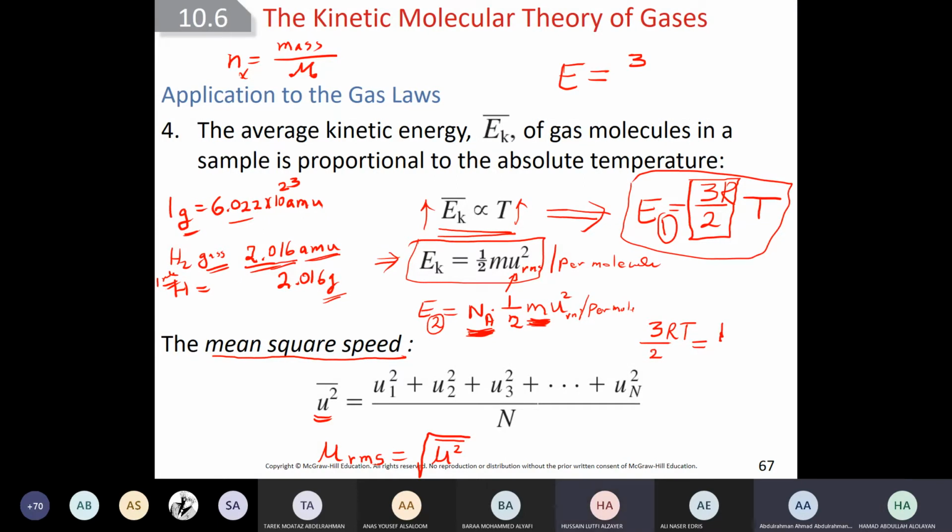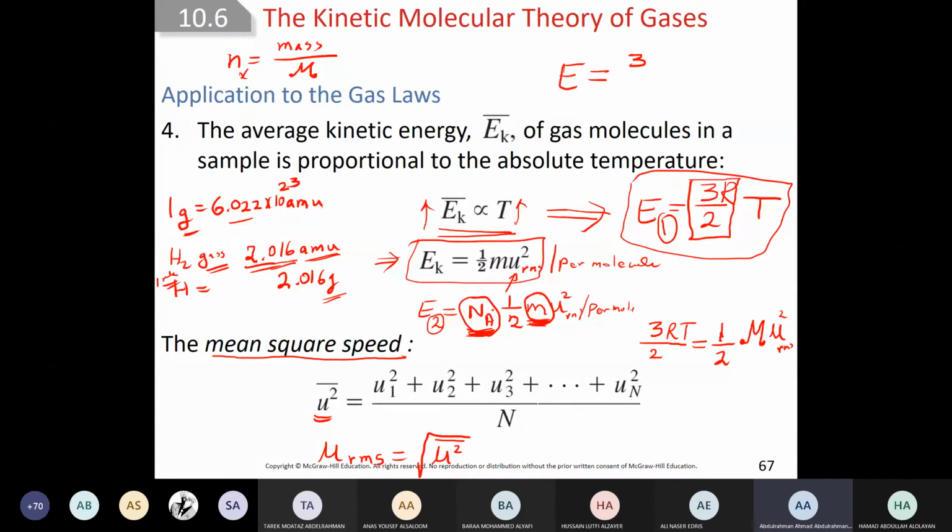Half m times what? Molar mass, because I combine this one with this one to make it molar mass, times what? U squared, U squared RMS. Exactly.